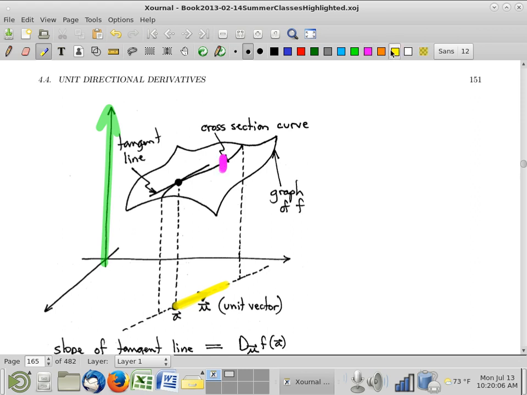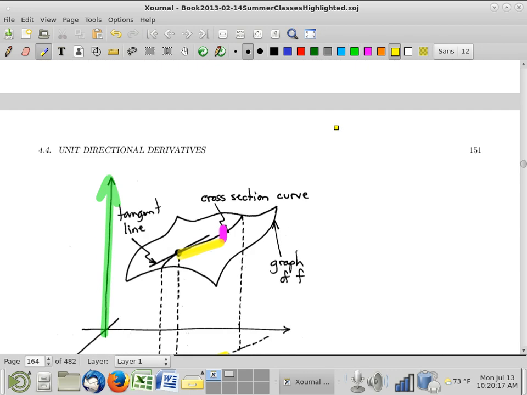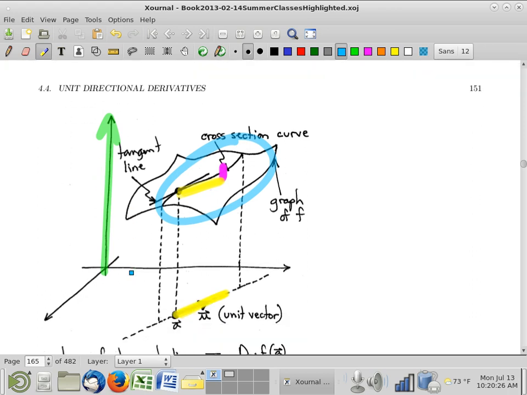There's a distance that the function goes up when you move that certain distance. So altogether, the unit directional derivative is the factor that you multiply by the yellow distance displacement to get the purple change in the function displacement. Said differently, it's the ratio of purple divided by yellow. So the unit directional derivative, if you think about it, is a slope.